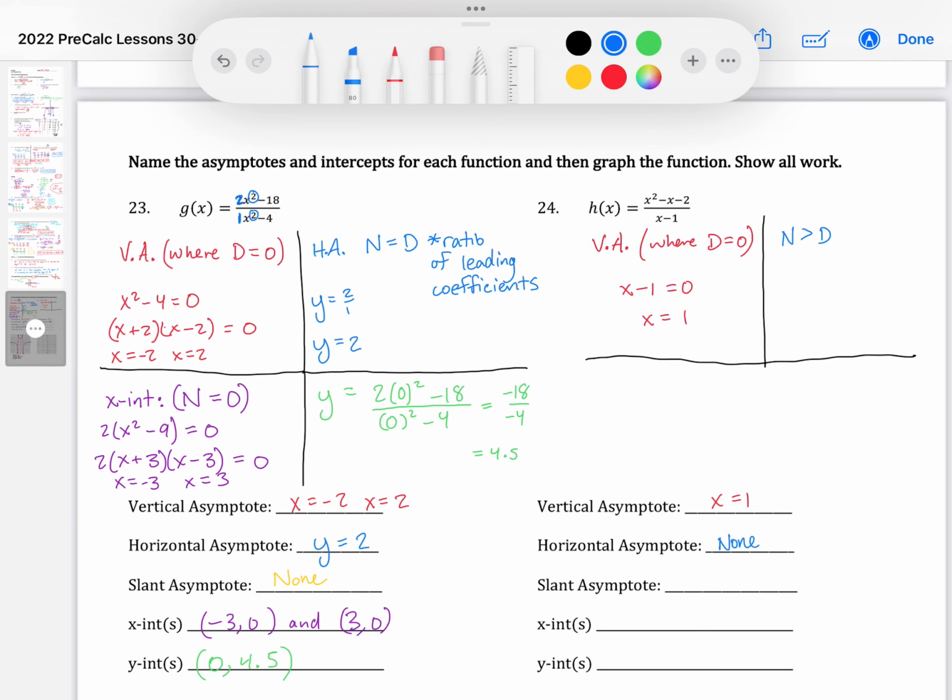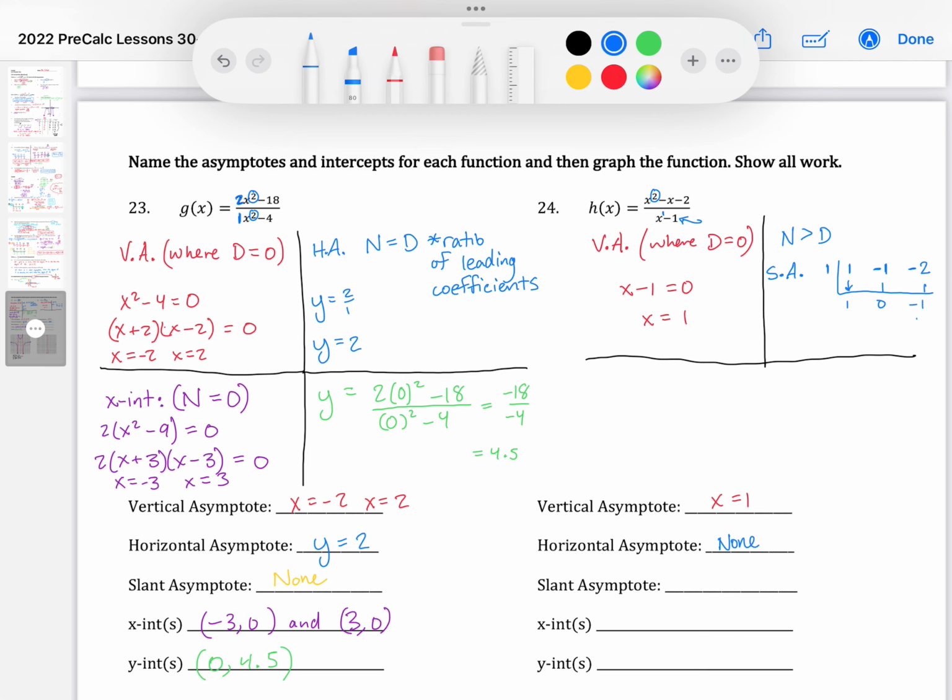I do, however, have that this is exactly 1 more than this, which means I have a slant asymptote. And to find that, you have to use a little bit of synthetic division. So I'm going to put 1 in the corner because that would make the denominator equal 0. And then I have 1x cubed minus 1x minus 2.